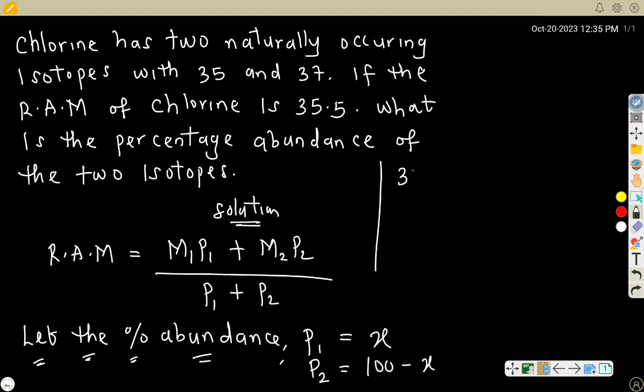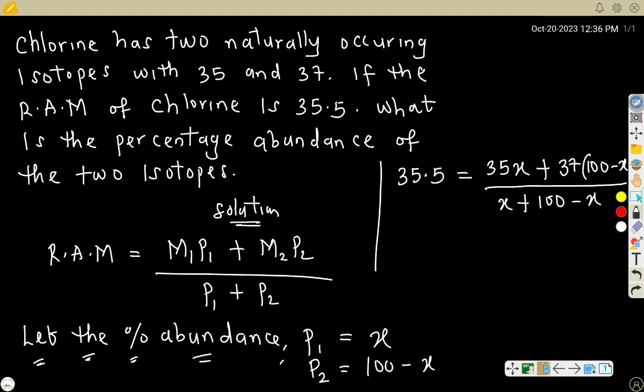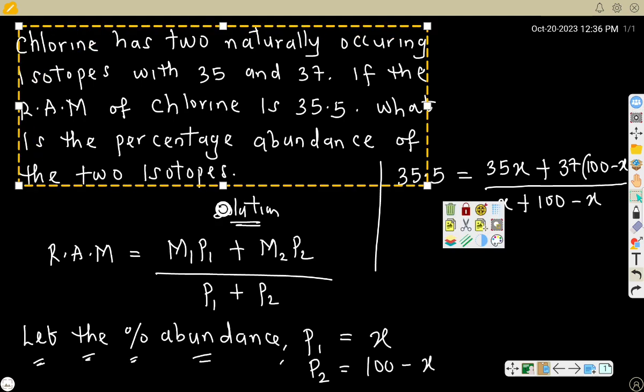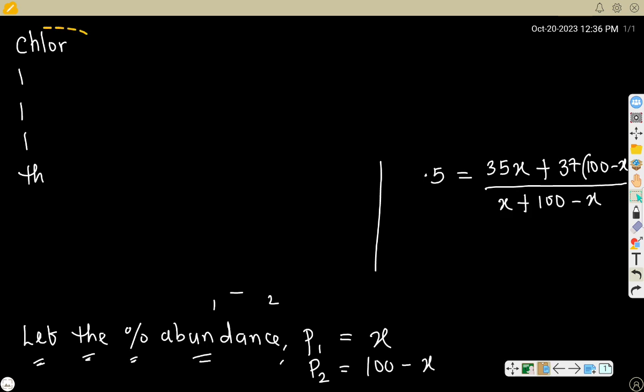So 35.5 will be equal to M1, the mass of the first isotope, which is 35, times P1, which is X, plus M2, the second mass, that is 37, times P2, that is 100 minus X. Everything divided by P1 plus P2, that will be X plus 100 minus X. From here, we are going to cross multiply and solve for X, so we can find P1 and P2.